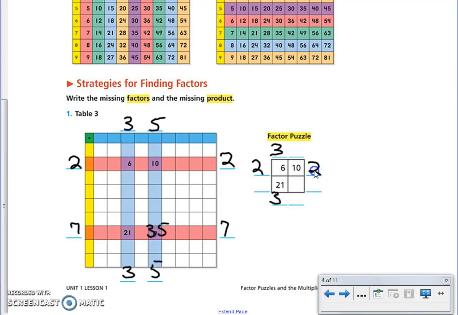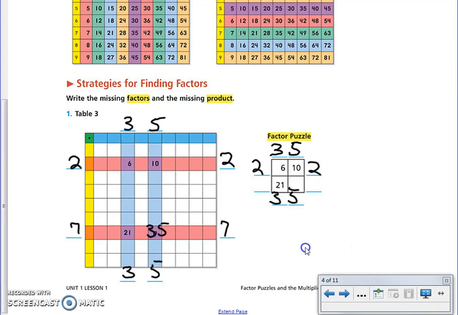Then I can jump over here, still staying with 2's. 2 times what number is going to equal 10? Or 10 divided by 2 is what? Hopefully you get 5. Sorry for my ugly 5.